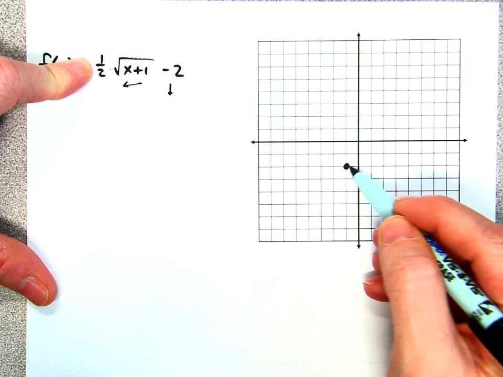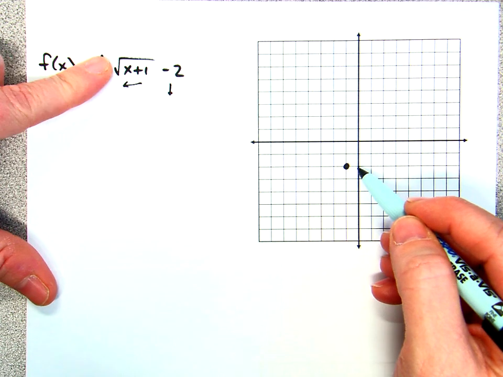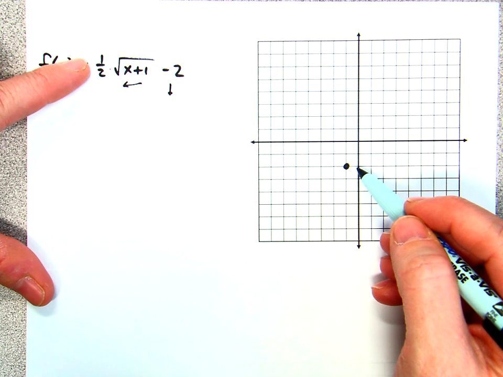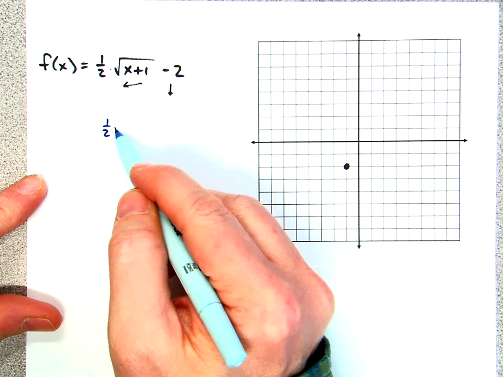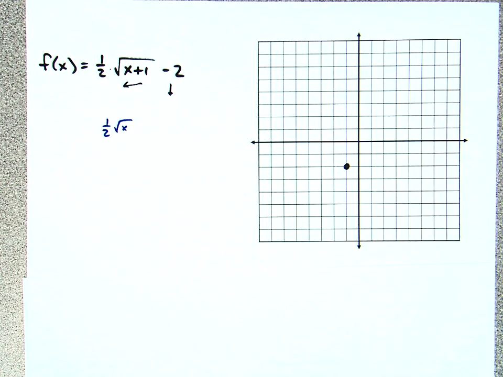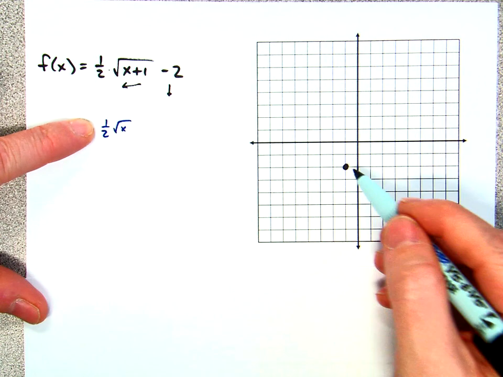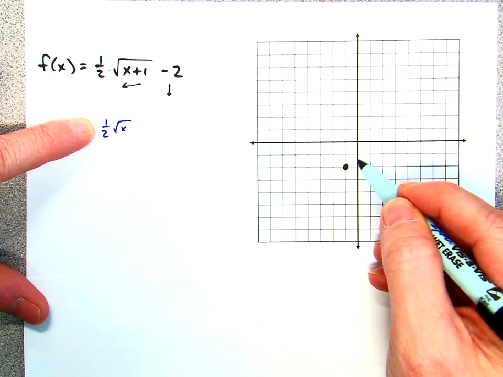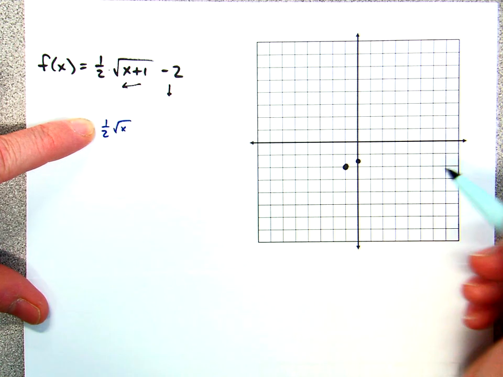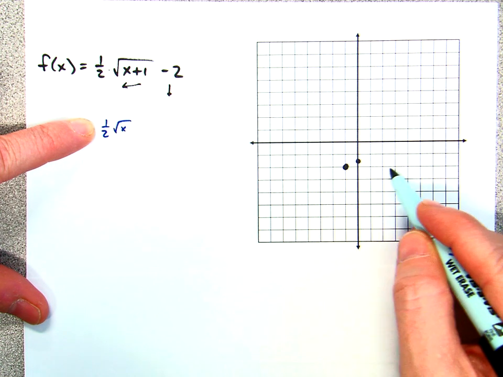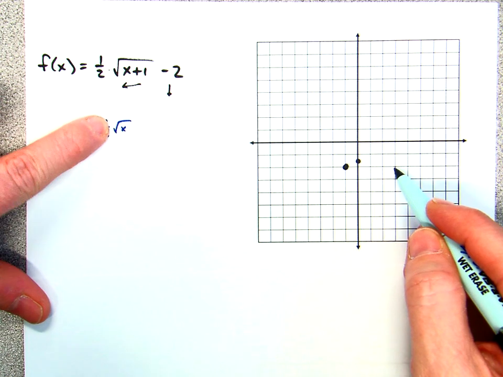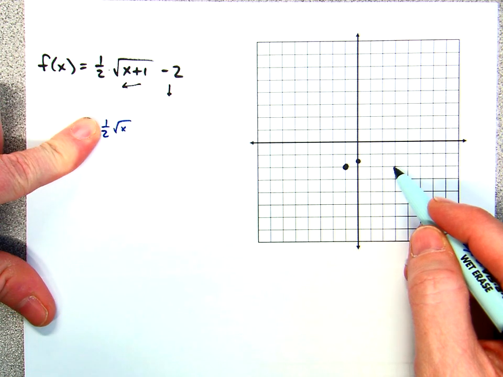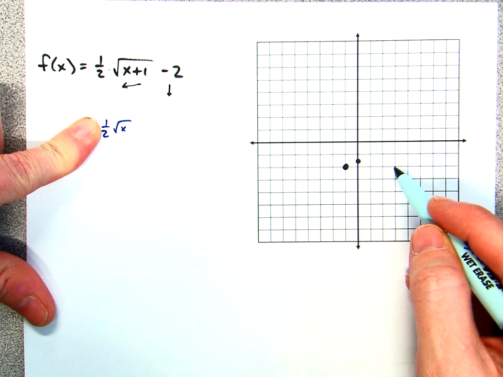So if I were to put in a 1, square root of 1 is 1, but then 1/2 of 1, because remember, I'm looking at this now, right? Square root of 1 is 1, and then half of 1 is a half, so instead of going up 1, I'm going to go up a half, which is somewhere right there. If I go out 4, square root of 4 is 2, but then 1/2 of 2 is 1.